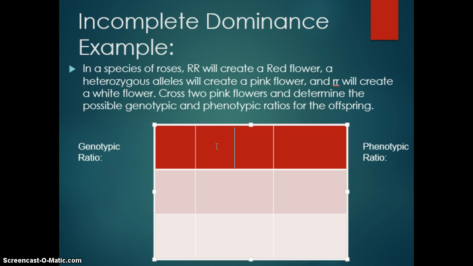Okay, so let's put these in here. We have two pink flowers. A pink flower is going to have one dominant and one recessive allele, and so will the other. Incomplete dominance means we're going to get a combination, and they're going to be heterozygous.